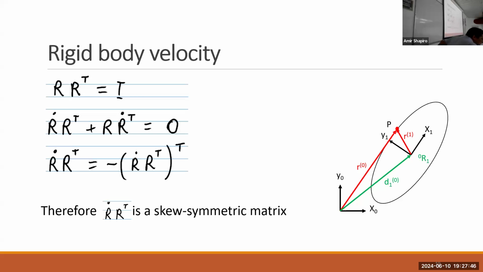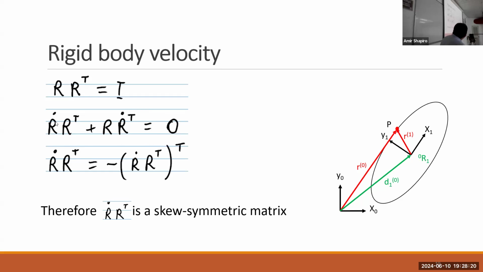So first, let's discuss R dot. If we have R R transpose equal to I, then if we take the derivative of the two sides, on the left we have a derivative of a multiplication. So it's R dot R transpose plus R R dot transpose. And this equals the derivative of I, which is 0.